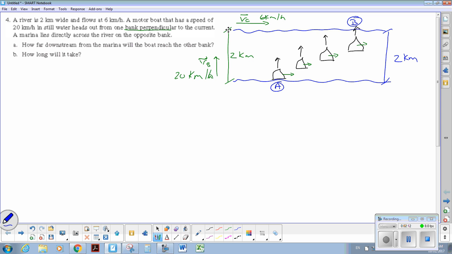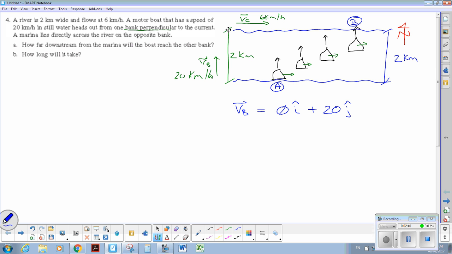So if we look at it in terms of vectors, in terms of velocity, we know VB, velocity of our boat, equals, and I'm going to set up a standard Cartesian plane. I'm going to say north, it's heading across the river. So the boat has no east-west component because it's pointing perpendicular to the bank. It's heading straight across, plus 20j, because that's its velocity.